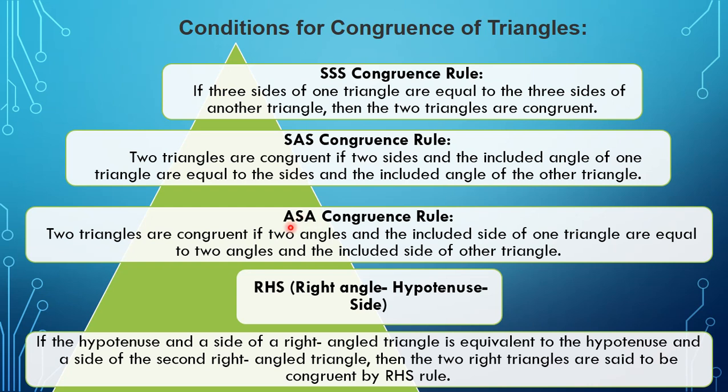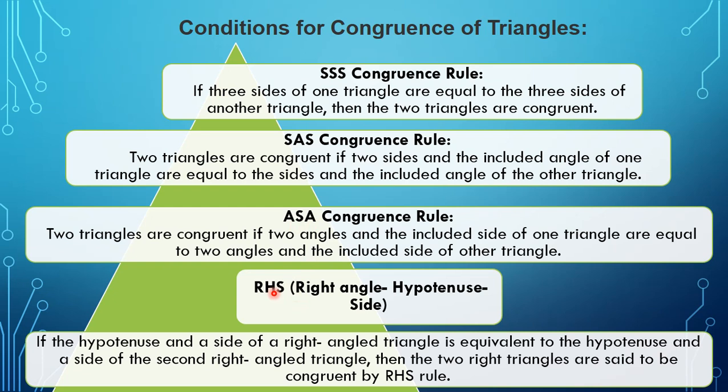So when two angles and the side which is the base for these two angles are equal to those of another triangle, it is the ASA congruence rule.